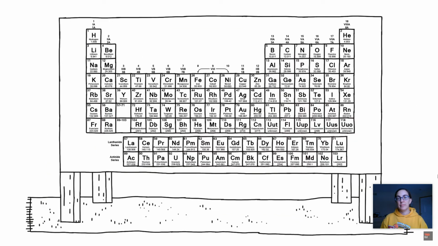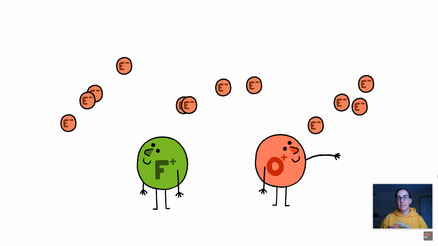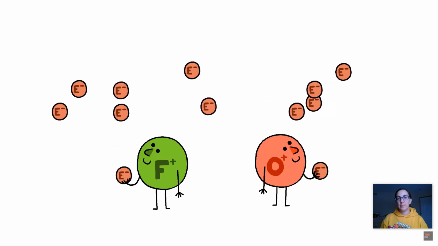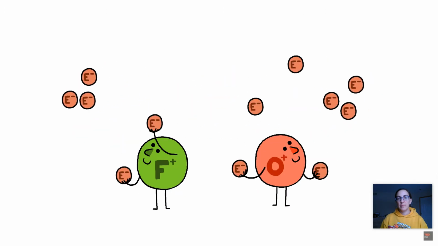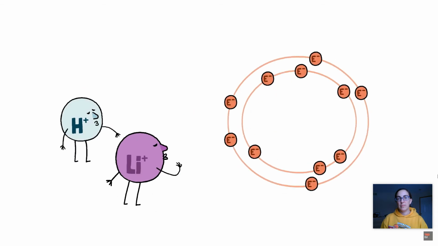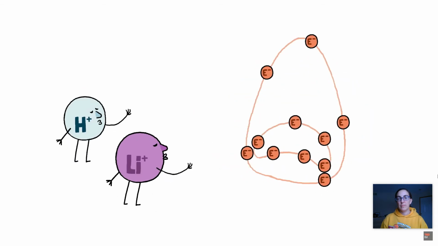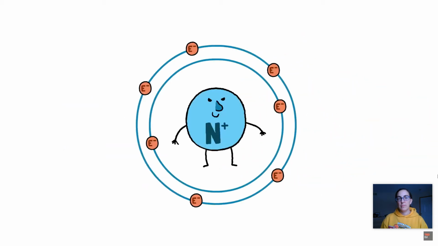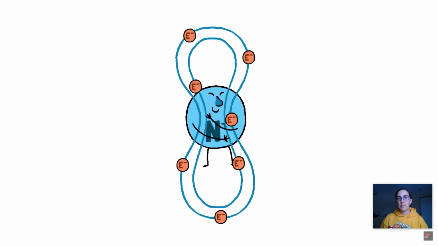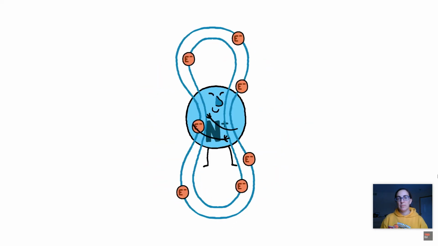All the elements in the periodic table have a different affinity for electrons. Elements like oxygen and fluorine really want electrons, while elements like hydrogen and lithium don't attract them as strongly. An atom's relative greed for electrons is called its electronegativity.